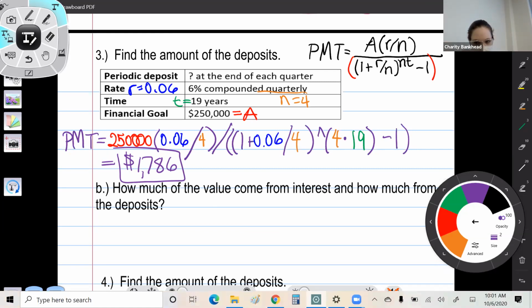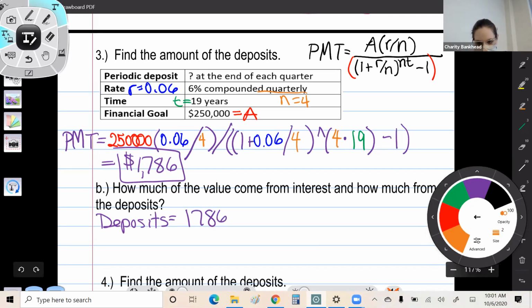Okay, so then let's see. You're going to deposit 1786 quarterly, so 4 times a year for 19 years.